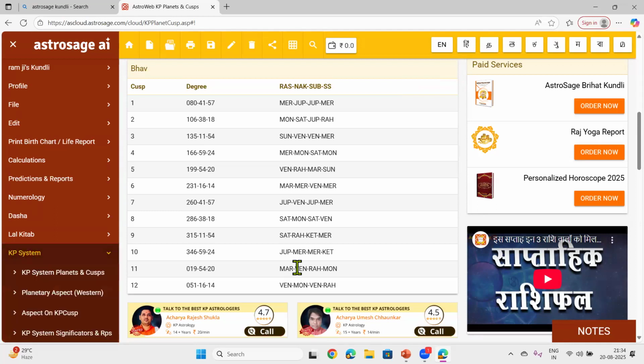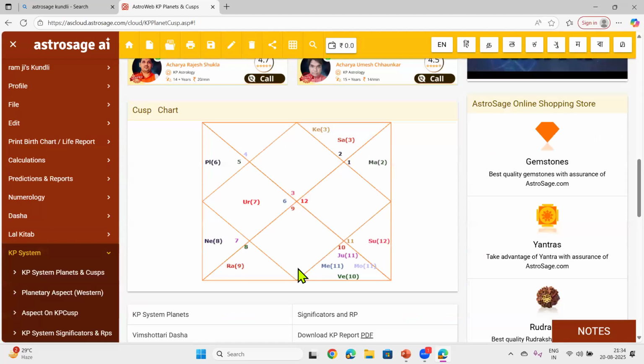Bhava chart. The KP Bhava chart. This is the cusp chart. Yes, sir. So now you see Mars. Mars is in which house? In the 11th house, sir. So now there is a connection, isn't it? Yes, sir. Direct connection.